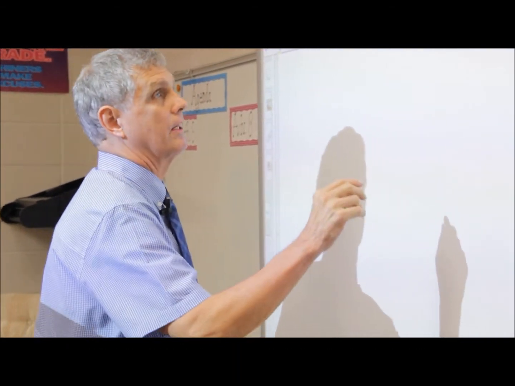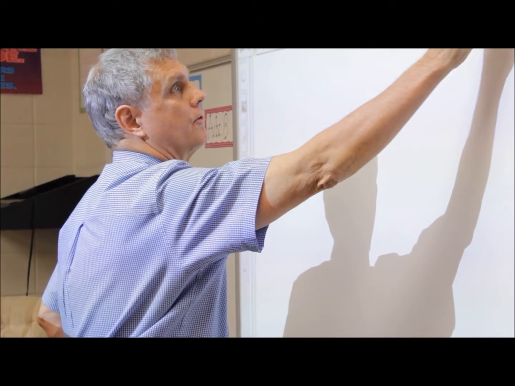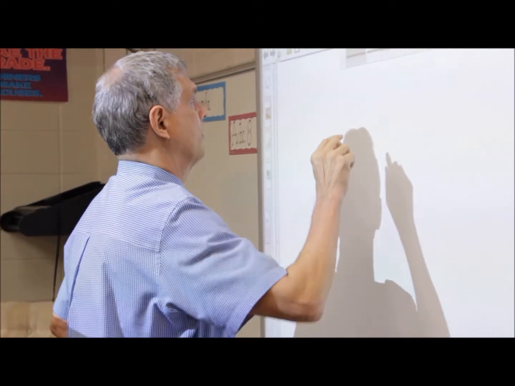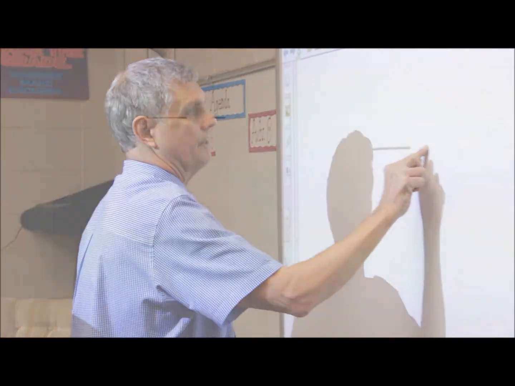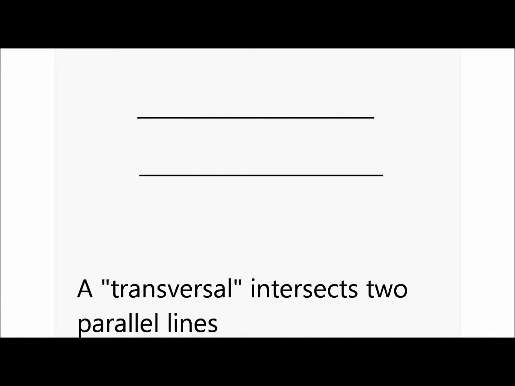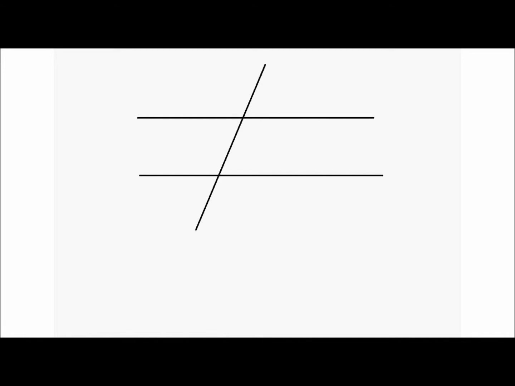A transversal, first let me draw some parallel lines because that's part of the definition. We've got 2 parallel lines, and the transversal is the line that intersects them. It doesn't matter whether it's twisted that way or that way, it's still a transversal.